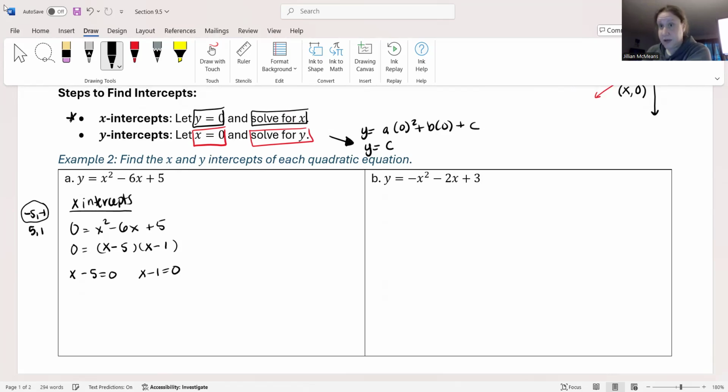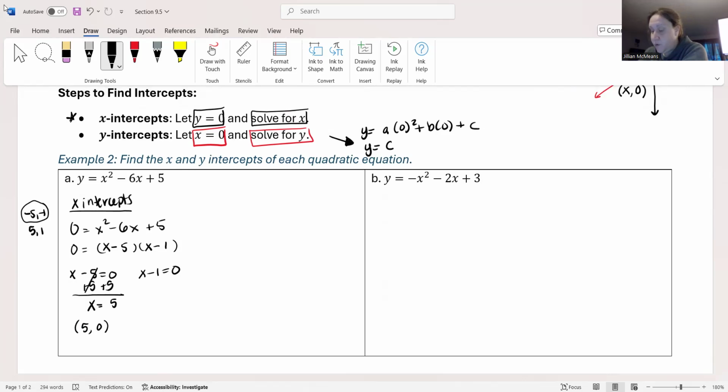If I have x minus 5 equals 0, I just want to add 5 to both sides. Well, -5 plus 5 is 0, leaving me with x. 0 plus 5 is 5. That means my first x-intercept is the point 5. And remember, we let y equal 0, so this is the point (5, 0).